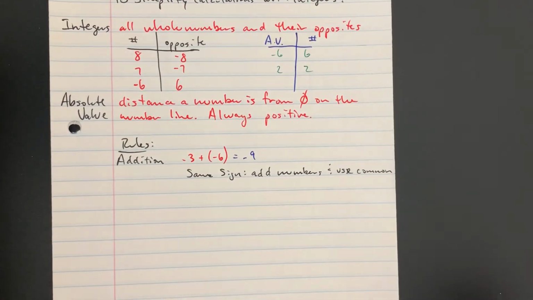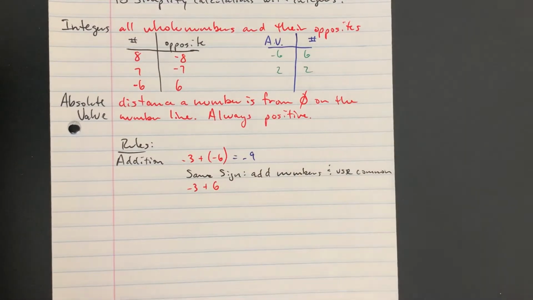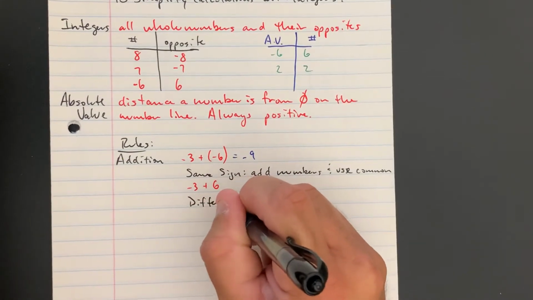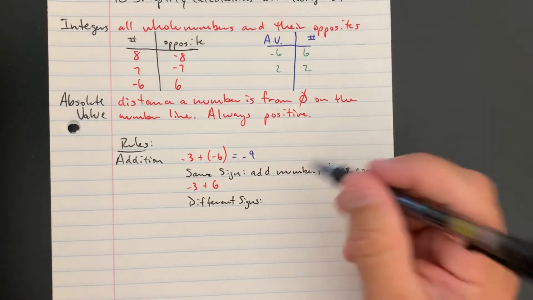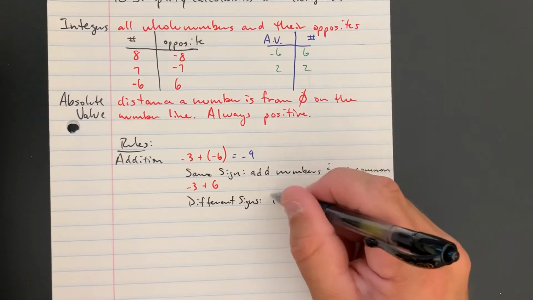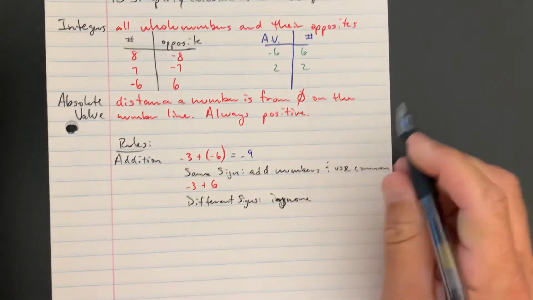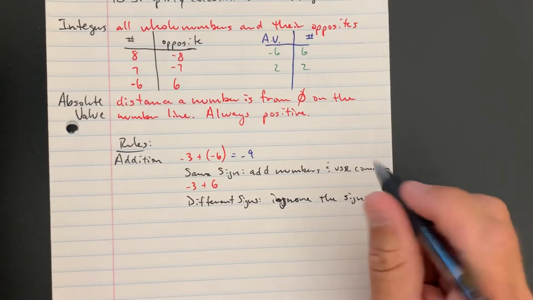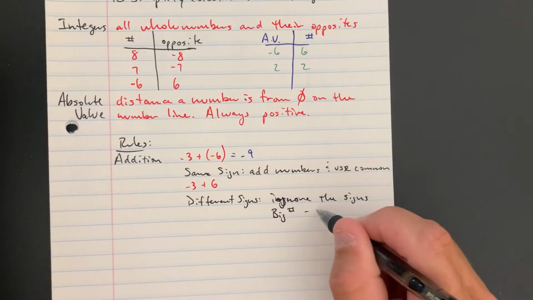If, for some reason, they're different signs, like -3 plus 6, and I would kind of label this different signs, I, again, ignore the signs. I just go big number minus small number.